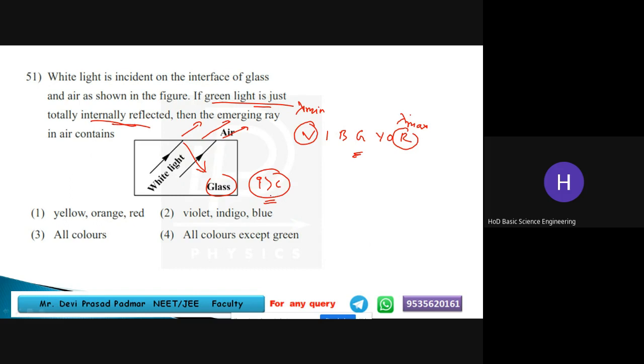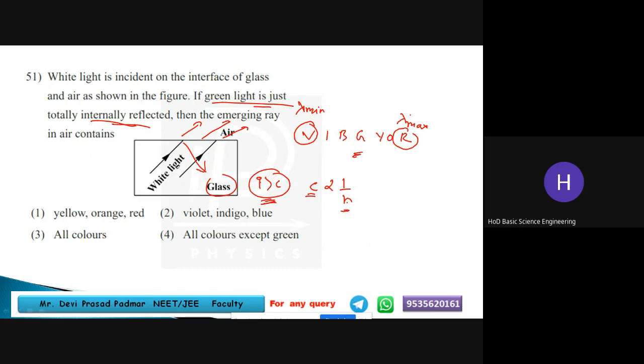Angle of incidence must be greater than critical angle, and you know the relation between critical angle and refractive index. They are inversely proportional, right?